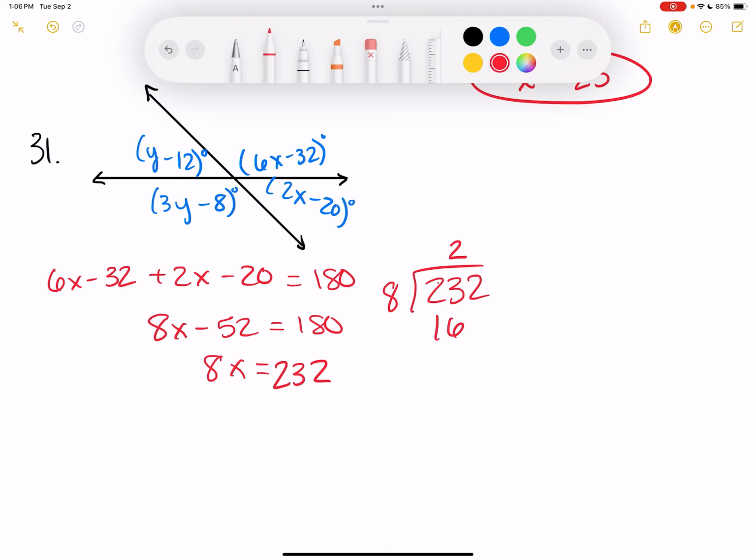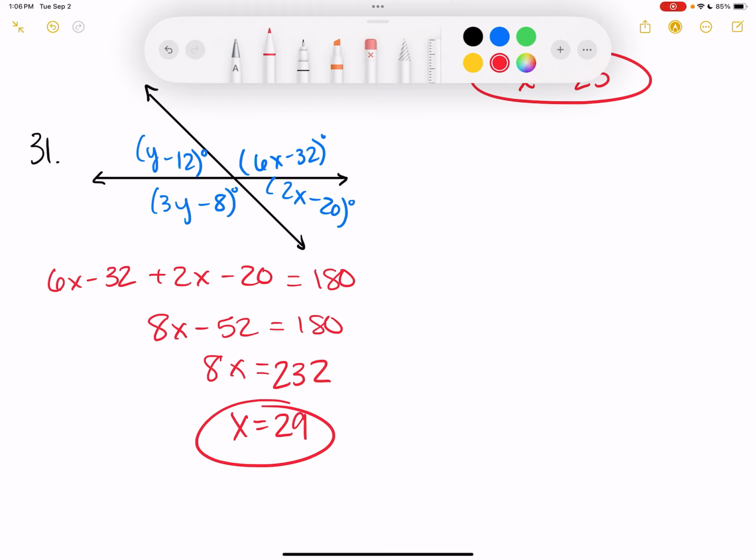Three times, yeah, it would be 24. 9 times 8 is 72. You're working backwards. You started with the 32, you got to start with the 23. So it would be 29. So that's the x value.